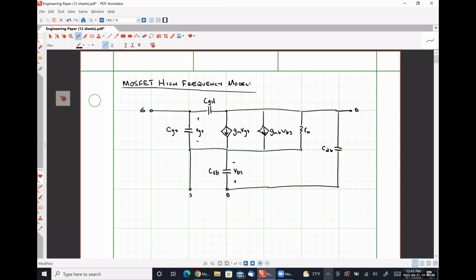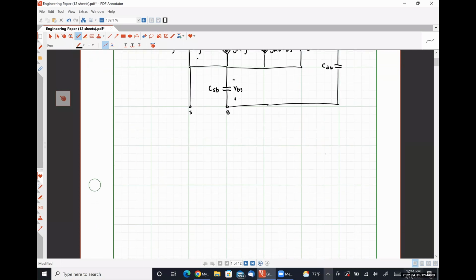So as we did with our BJT high frequency model, we're going to spend a little bit talking about where these capacitances come from. And to do that, we are again going to have to redraw our MOSFET model, specifically under saturation conditions.